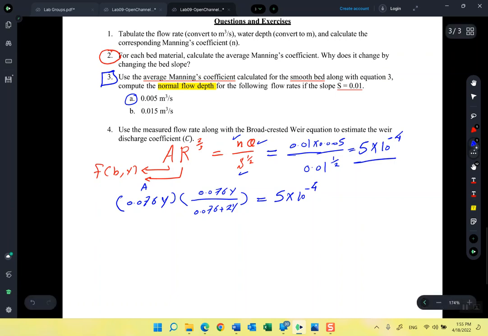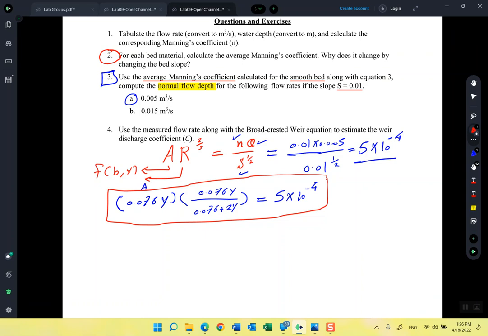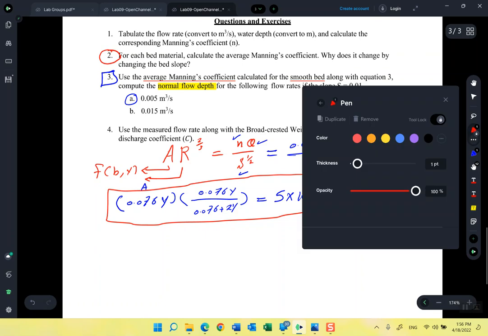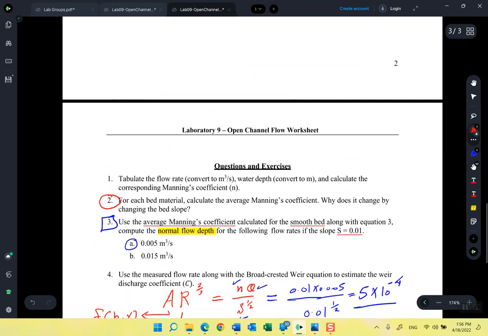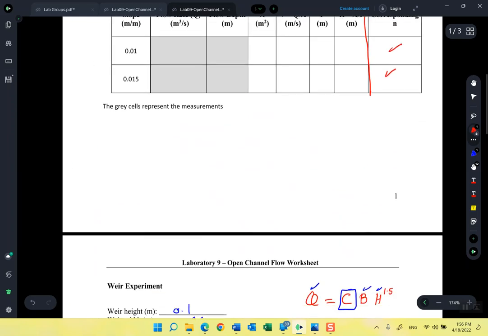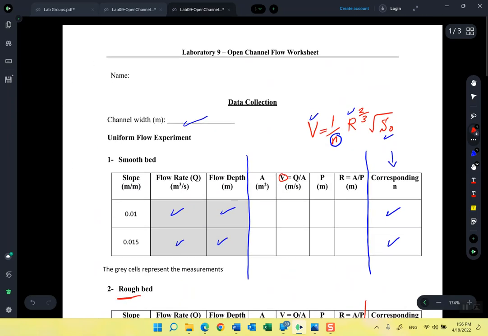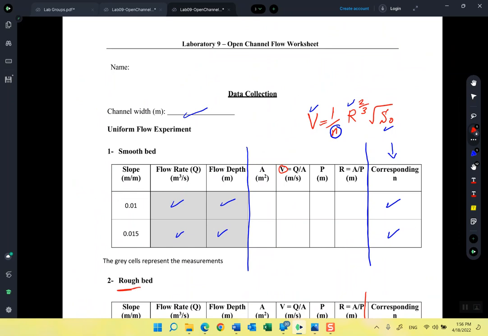So what's special about this equation that I am giving it this much concern? What's the difference between this equation here that only has one unknown, that is y here, and the Manning equation that I told you, okay, solve Manning equation and get n?